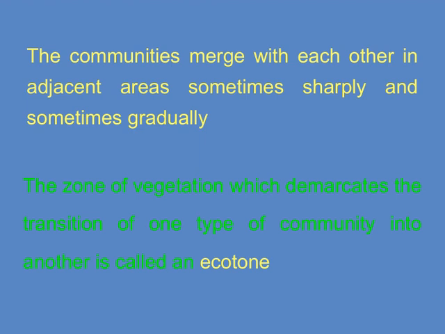Sometimes, the transition is quite sharp, like a clear edge where one habitat ends and another begins. Other times, the change is more gradual, with a smooth blending of species and vegetation types. Understanding ecotones is important because they often serve as zones of high biodiversity and ecological activity. They can also be areas of interaction, competition, and even migration for various species.